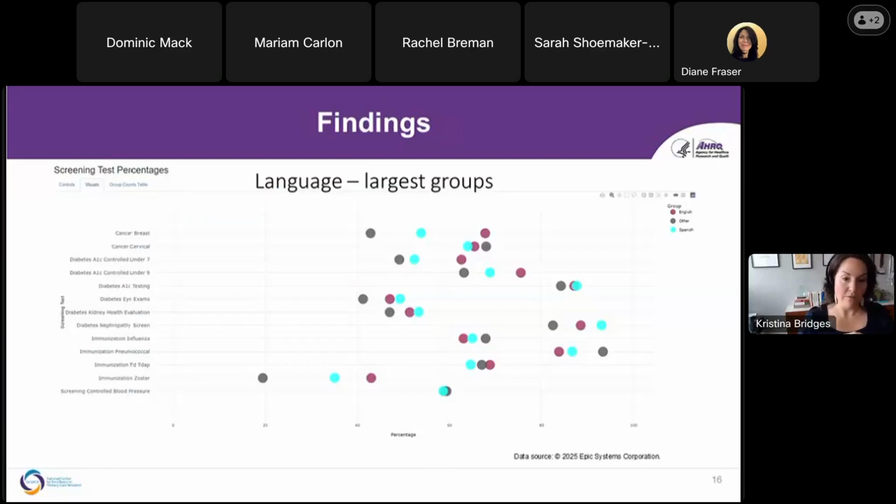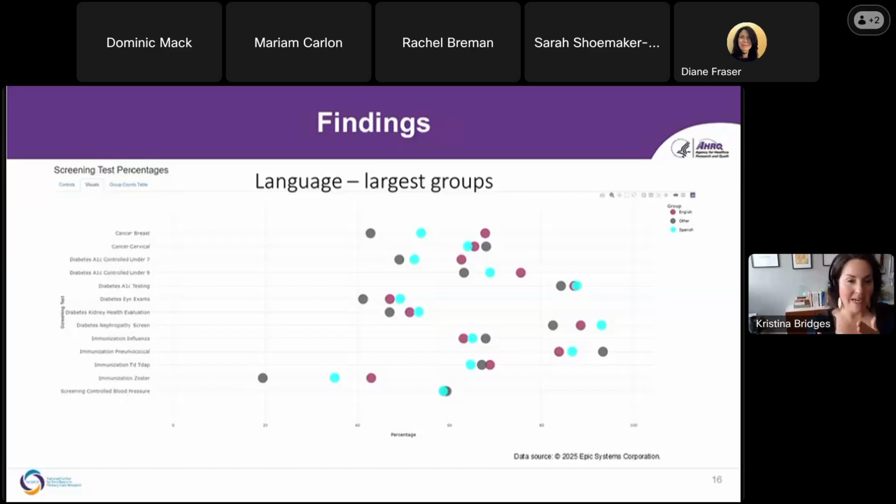Those further on the left are reporting worse health outcomes, so a smaller percentage of these were met. We have our cancer screenings and some of our diabetes outcomes there, and all of those that we listed before. You can notice that in some metrics there's a big gap, and in others, smaller gaps.